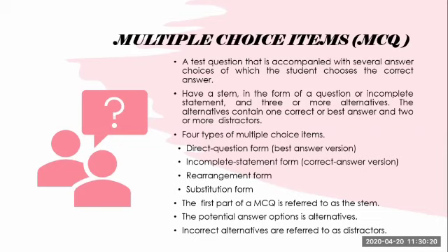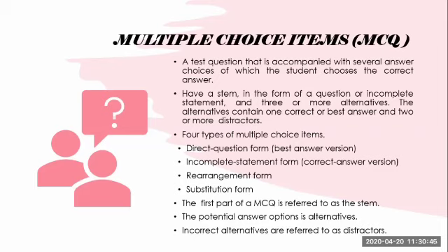It has a stem in the form of a question or incomplete statement and 3 or more alternatives. The alternatives contain one correct or best answer and 2 or more distractors. Multiple choice items have 4 types.